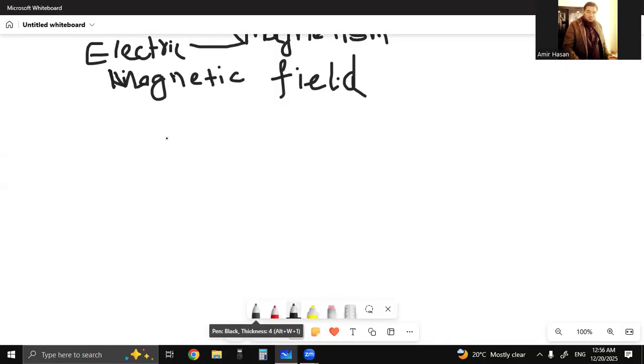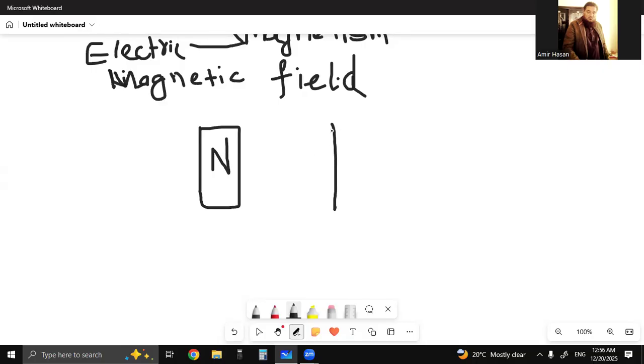According to electromagnetism, a magnetic field is a region or space in which a moving charged particle is subjected to a magnetic force. Okay, I am defining this one by electromagnetism. For example, this is a magnet in which there is one north pole and one south pole.